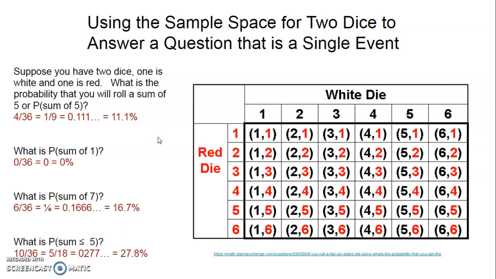So probability of getting a sum of 1, that's actually impossible. You can't get a sum of 1, right? So in probability, when something absolutely cannot happen, that's a 0 probability. By the way, if I said, what's the probability of getting a sum that is less than 13?